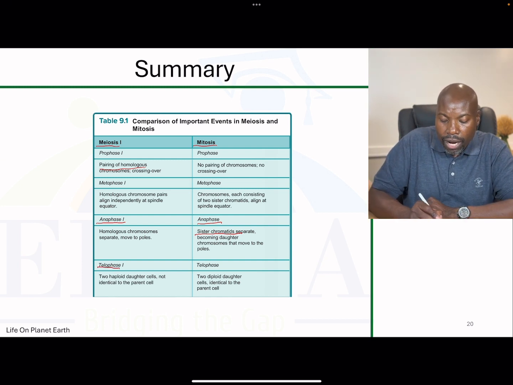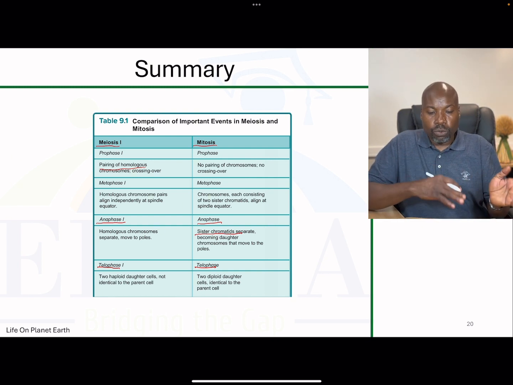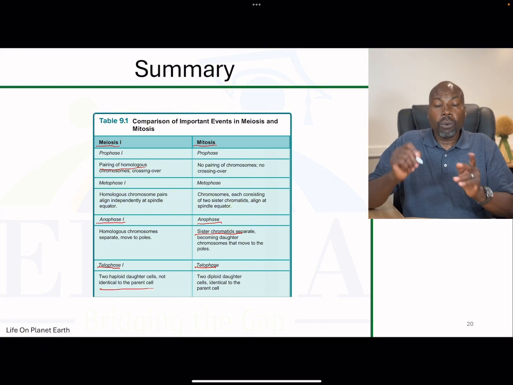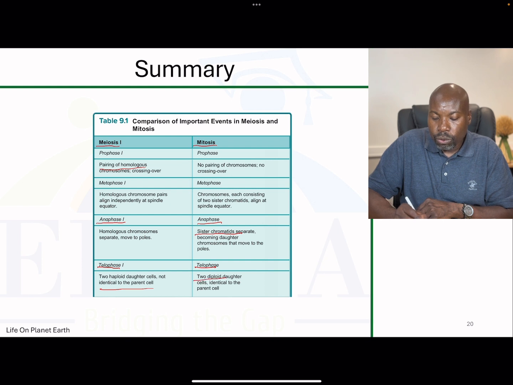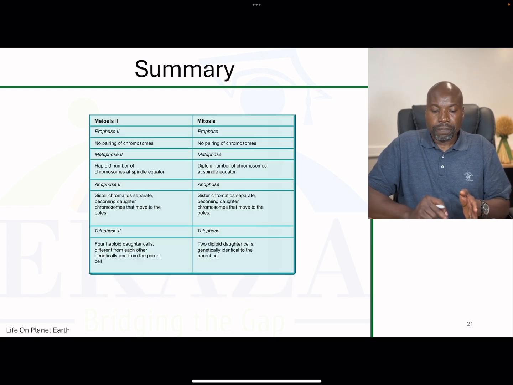Then telophase 1 in meiosis 1 gives two haploid cells, while telophase in mitosis gives two diploid daughter cells that are genetically identical.